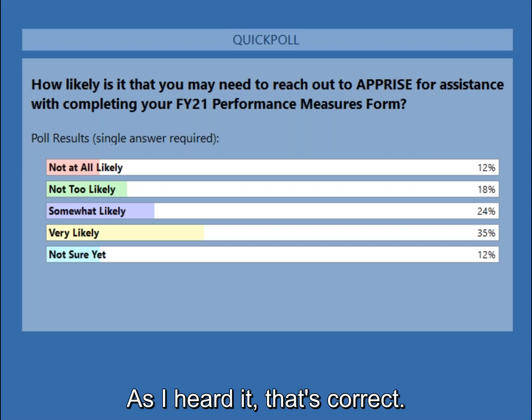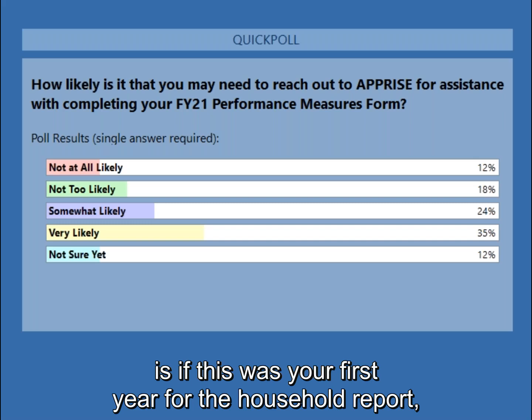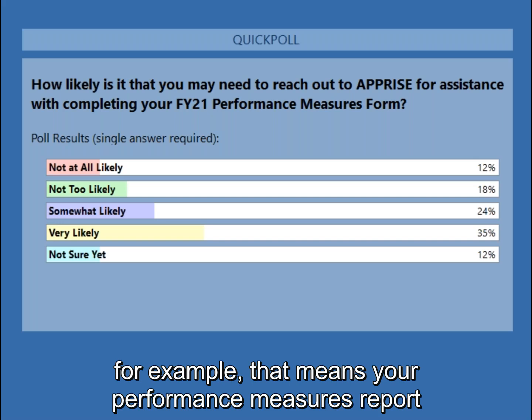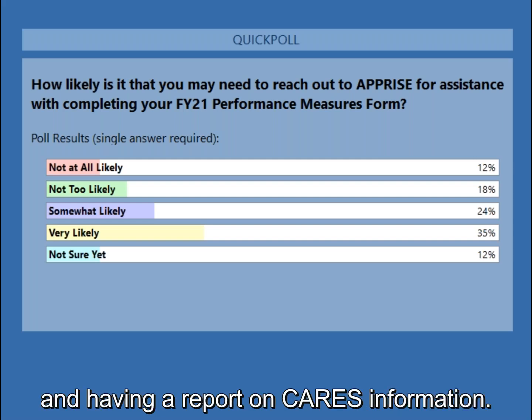Yes, yeah, as I heard it, that's correct. One important thing is if this was your first year for the household report, for the 2021 household report, the first time you had to fill out the CARES lines, for example, that means your performance measures report as well would be the first time you're using and having to report on CARES information.